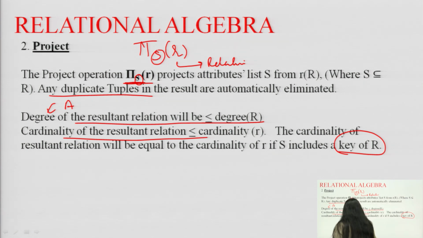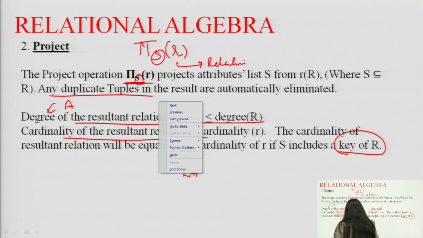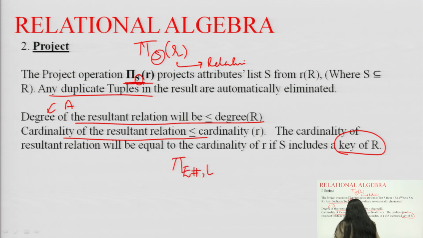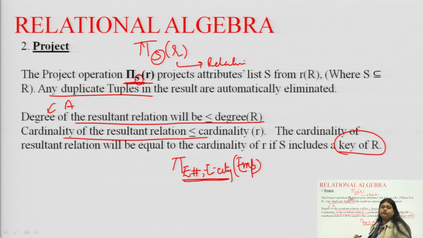We will write projection employee ID, employee city, and in brackets employee. That means it is going to select these two attributes from the employee relation. It has selected the employee ID and the employee city of all the employees.